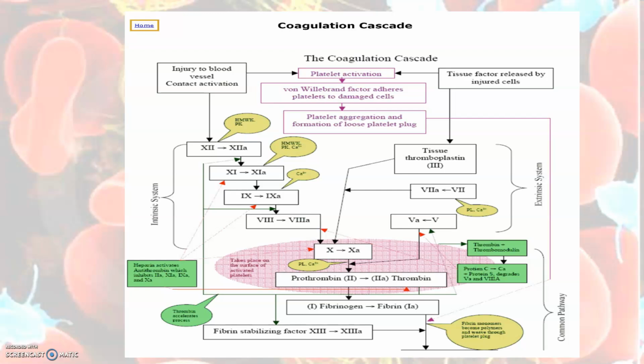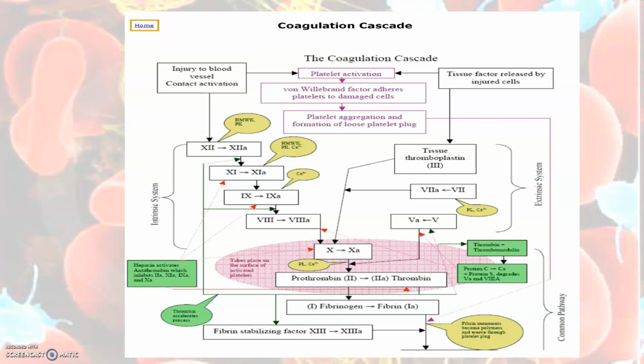This is an overview of the coagulation cascade. I am not going to talk you through this in great detail, but you do need to know it. Bear in mind that you have an intrinsic pathway that is activated by the injury to blood vessels and the release of activation factors, whereas the extrinsic pathway is activated by tissue factor release from injured cells.